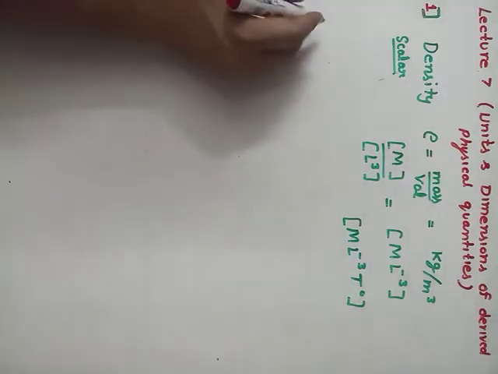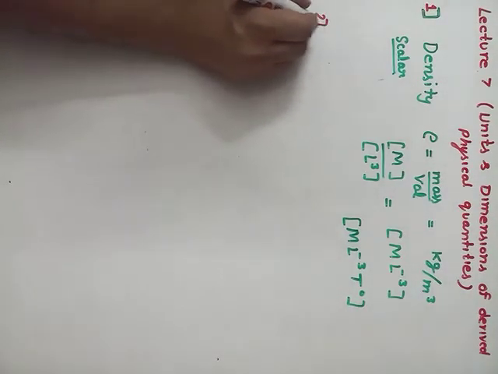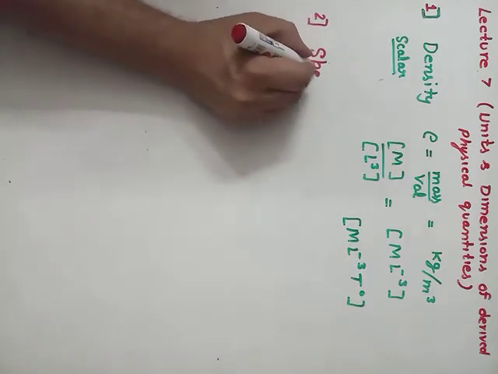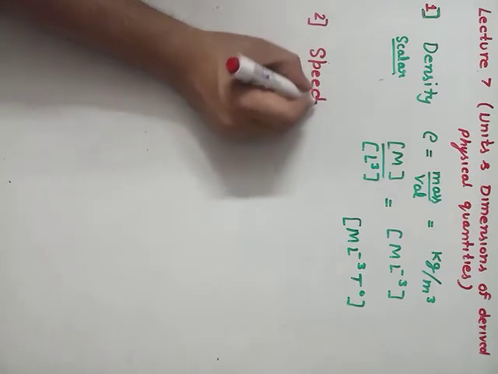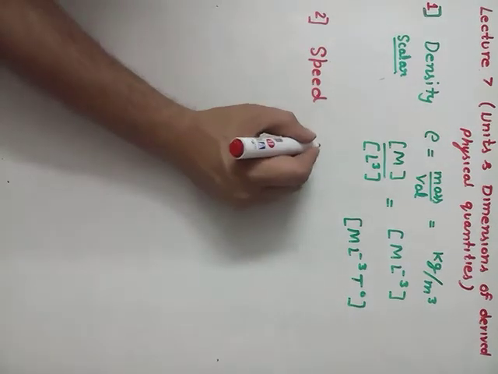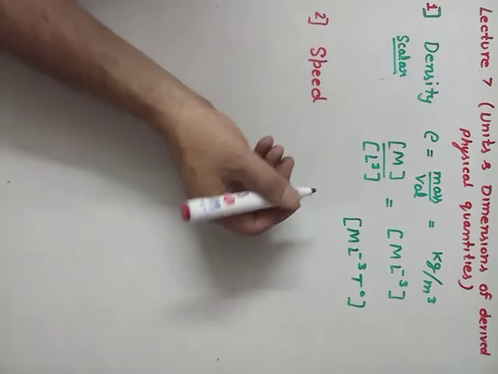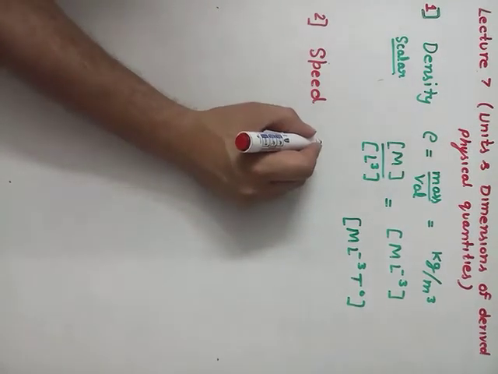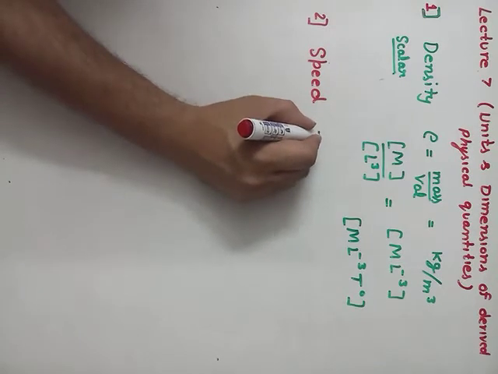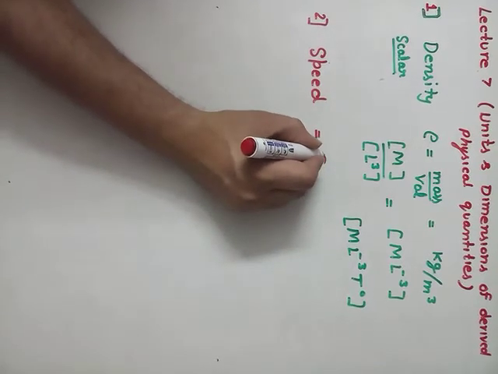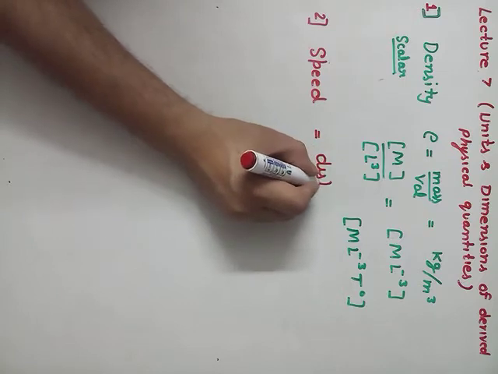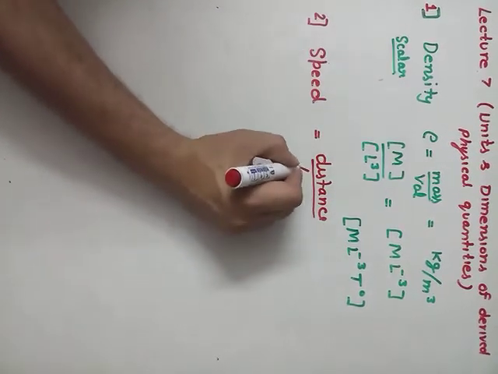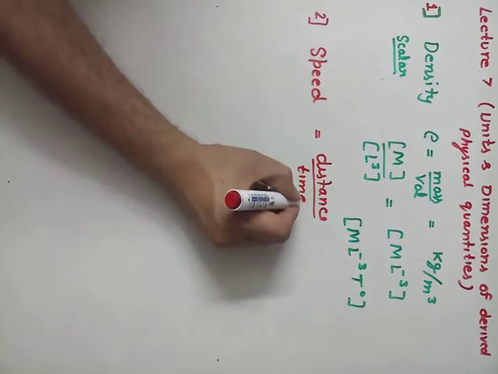Number 2, we take speed as a derived physical quantity. First of all, speed and velocity both have the same dimension. Formula for speed is distance upon time.